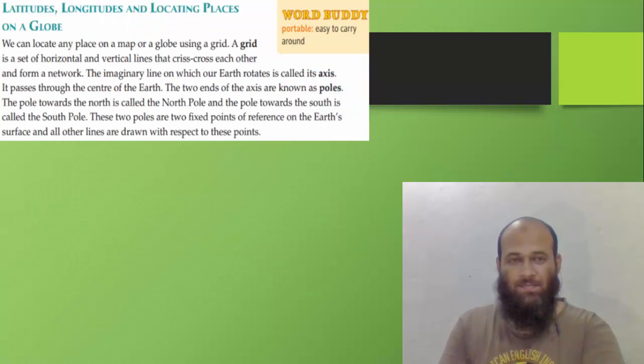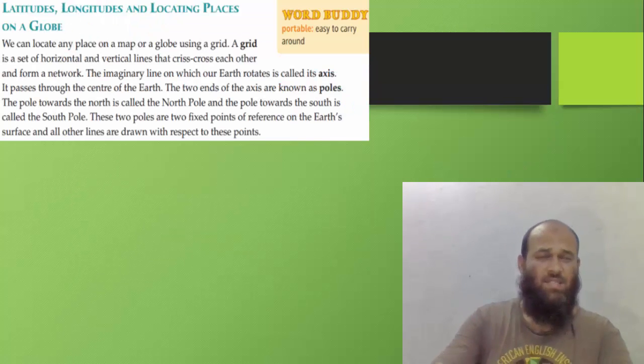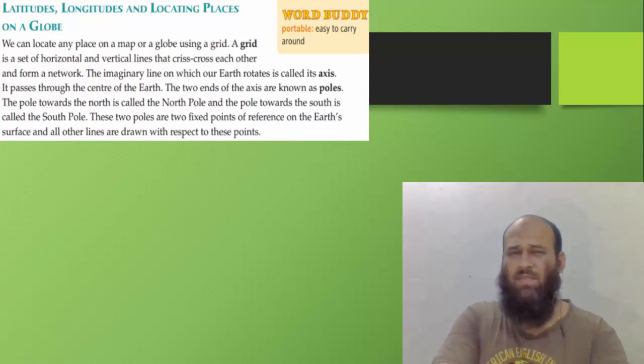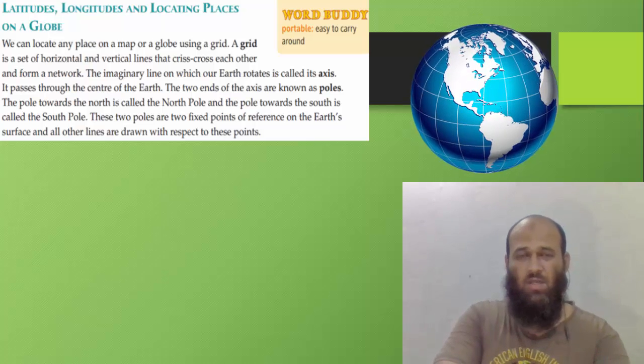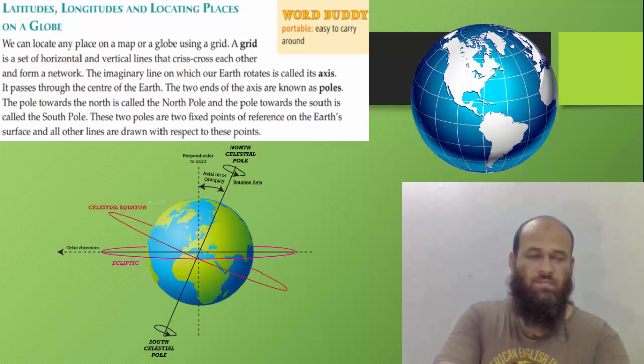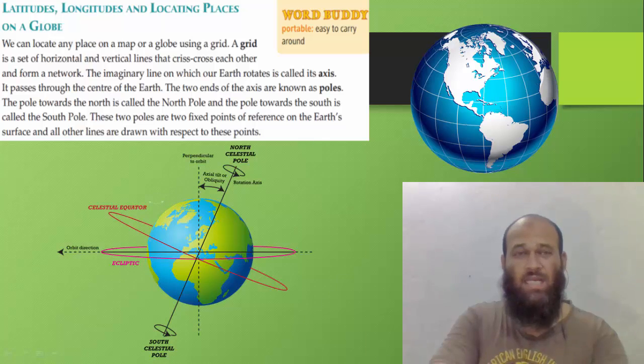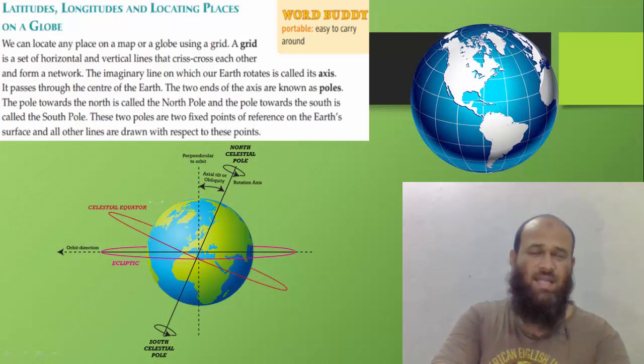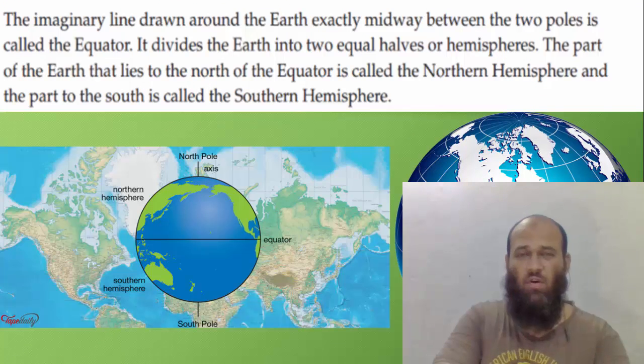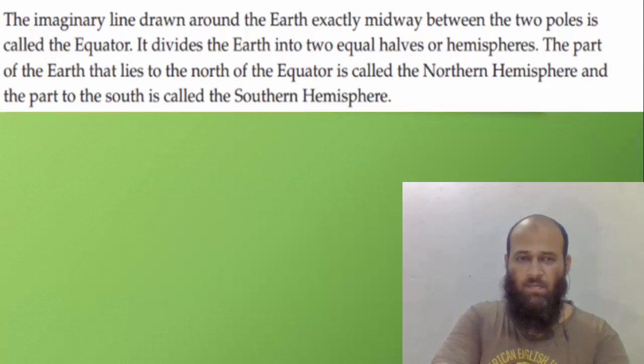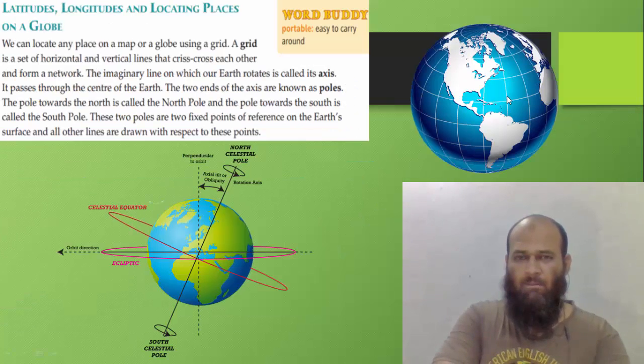Right. So, what are latitudes and longitudes, and how can you locate places on a globe? We can locate any place on a map or a globe using a grid. A grid is a set of horizontal and vertical lines that crisscross each other and form a network.